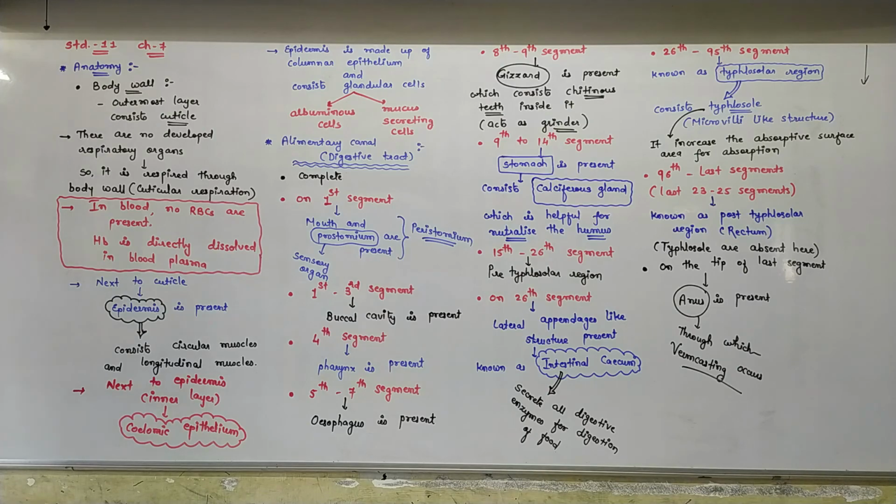It is known as the anus, and through this anus, worm casting occurs. So undigested soil particles are ejected by the anus. So this is about the digestive tract or alimentary canal of the earthworm. Here I can stop now. The next thing we will discuss in the next lecture.